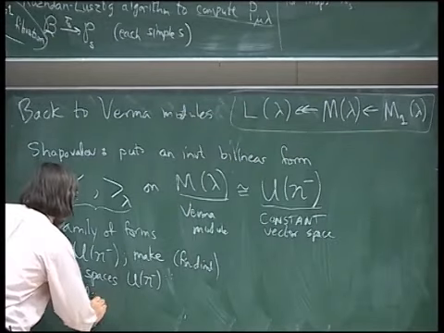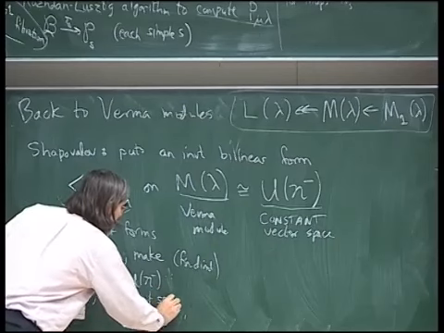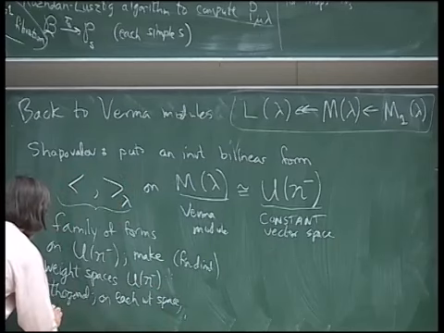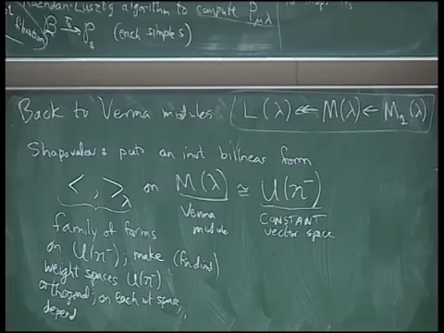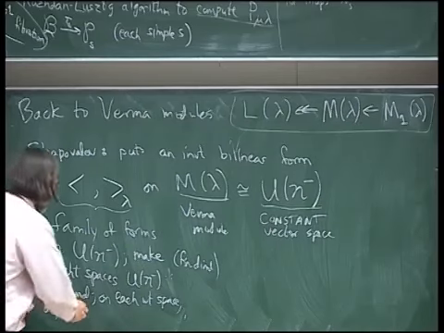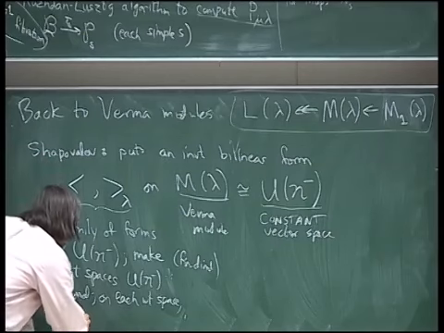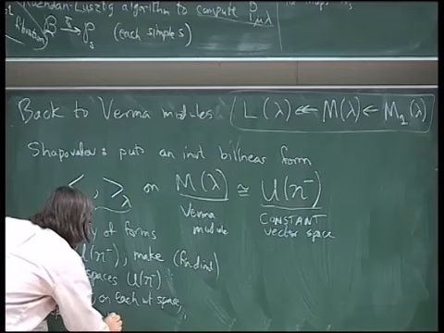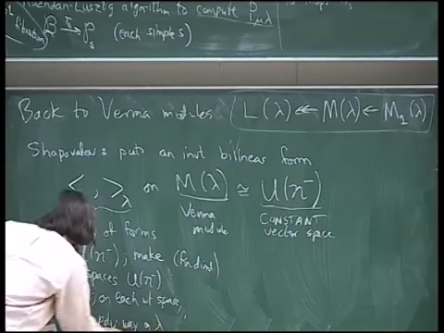And on each weight space, you're talking about a bilinear form on a finite dimensional vector space, so it's some symmetric matrix, and what happens is that symmetric matrix depends in a polynomial way on this highest weight lambda.